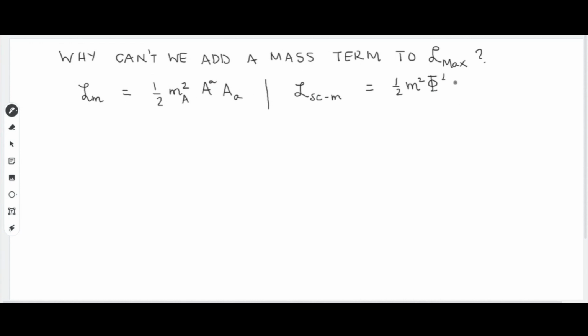Again, I forgot my c squared. Pardon me, there's a c squared here, which I forgot. So can we add a term like this to the Lagrange density? I will forget the source term now because that we have already mentioned. So we can have a Lagrange density which is L_Maxwell plus L_m.